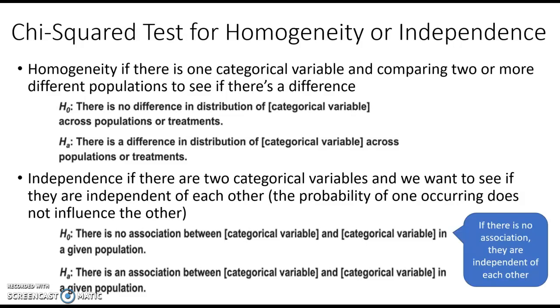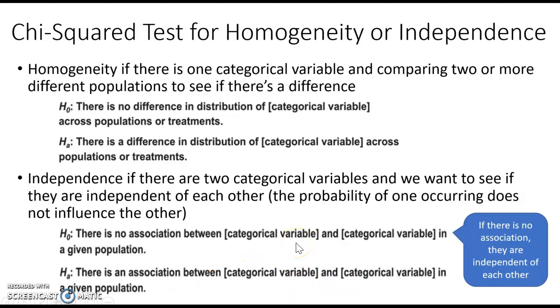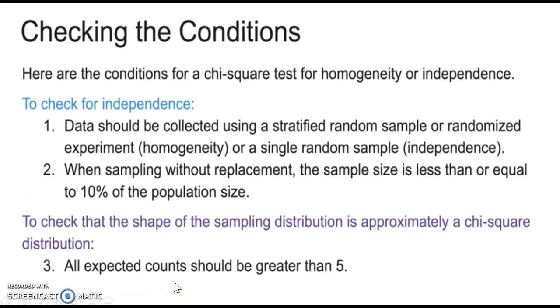So remember, if there's no association, they're independent. You can also say the null and alternative this way, as you see down here: the two categorical variables are independent, and then HA would be saying that they're not independent. So it's the same as saying there is no association versus there is an association.